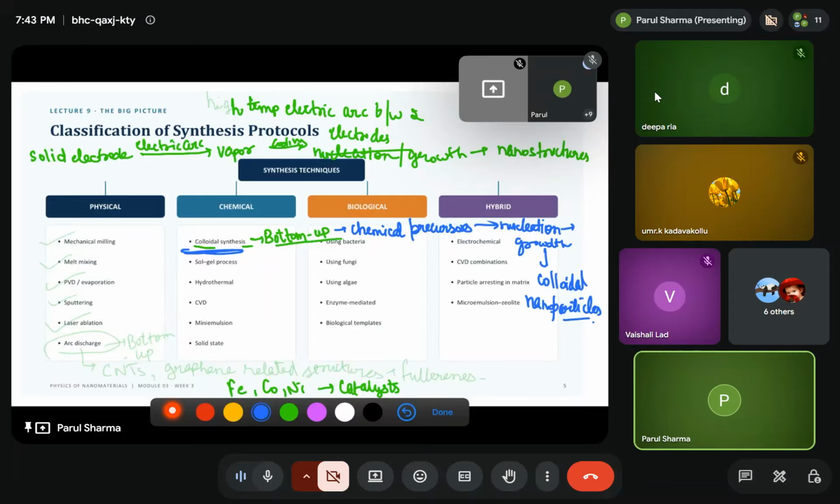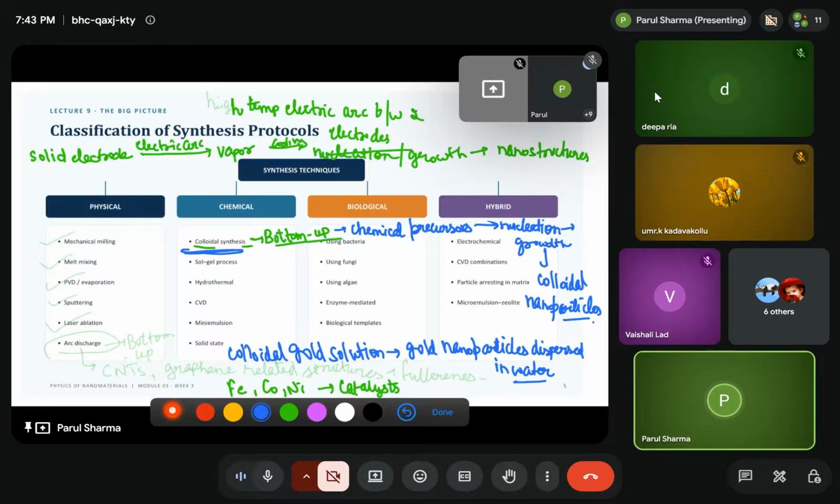For example, gold nanoparticles dispersed in water form a colloidal gold solution. The nanoparticles are small enough to remain suspended rather than immediately settling under gravity.